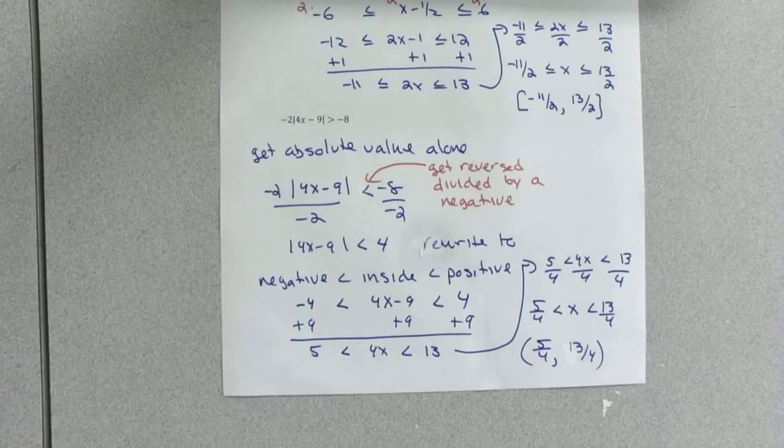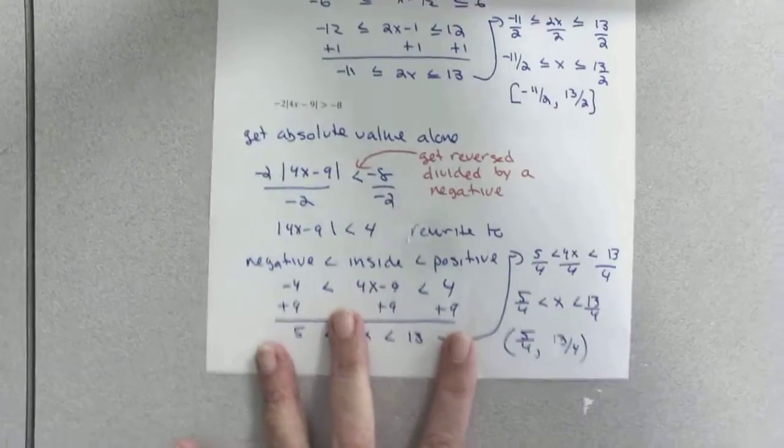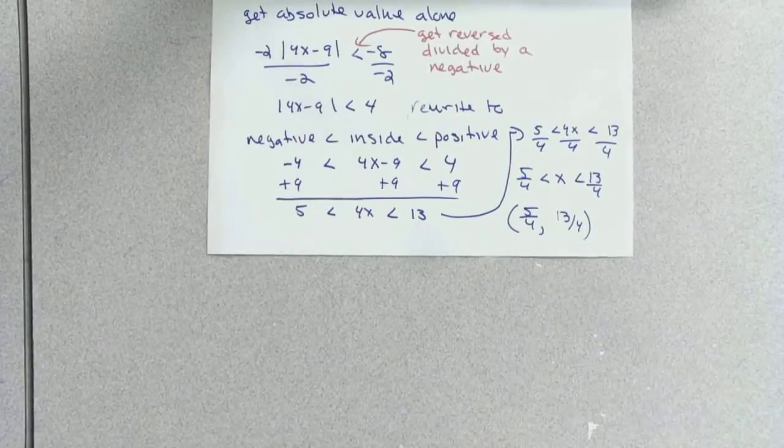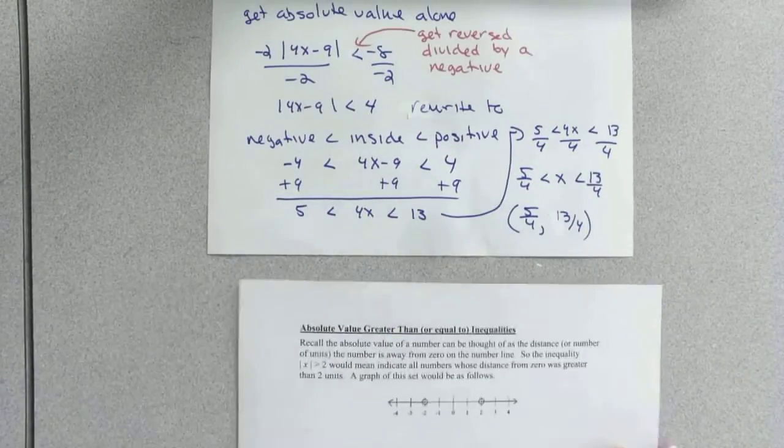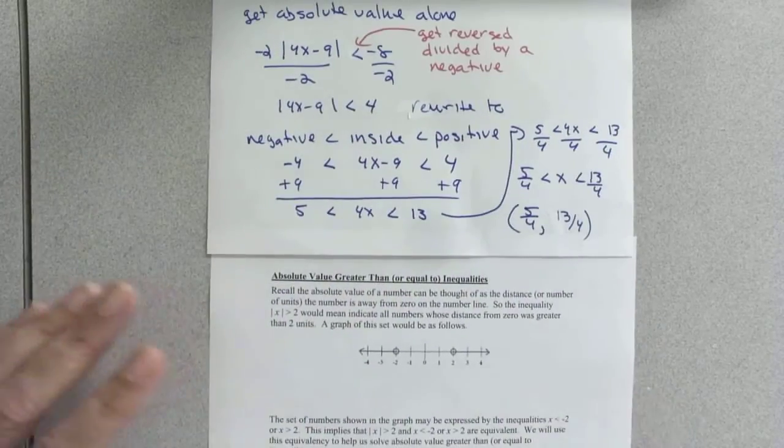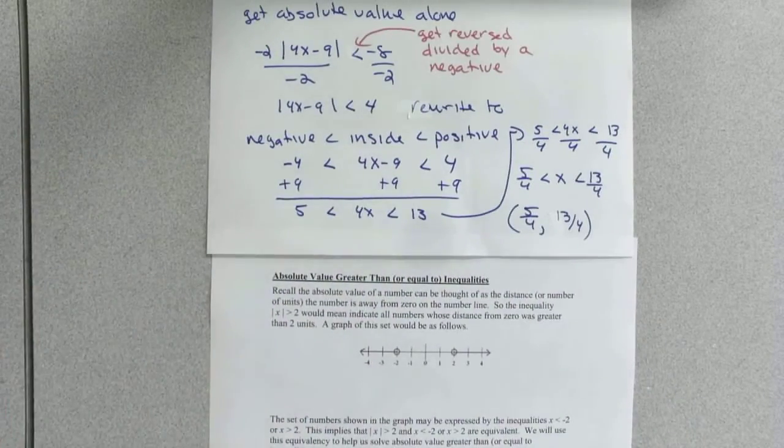So the last thing in this section will be absolute value greater than. So we will try to motivate it again. Recall absolute value of a number can be thought of as the distance or the number of units away from 0 on the number line.